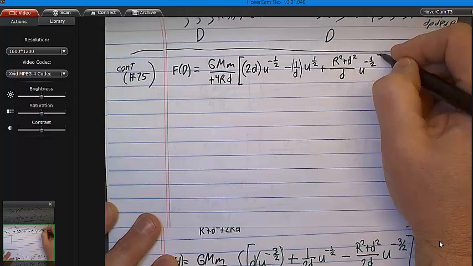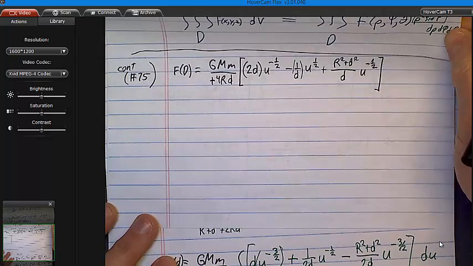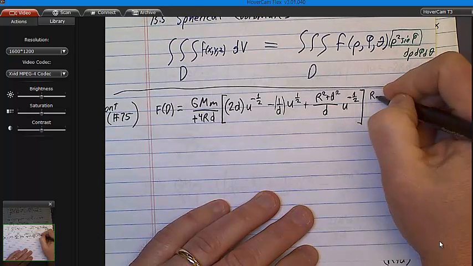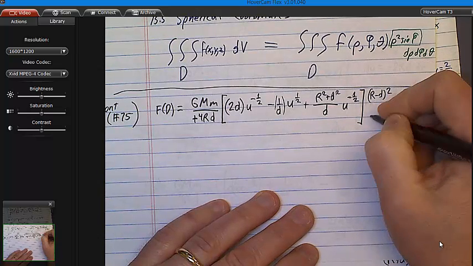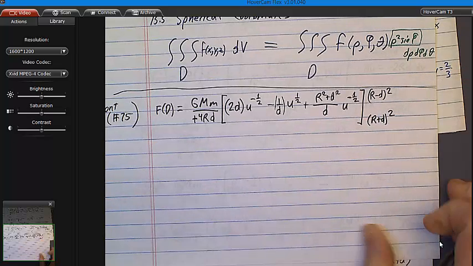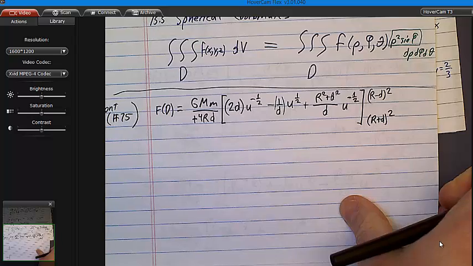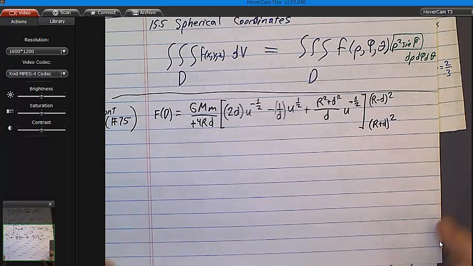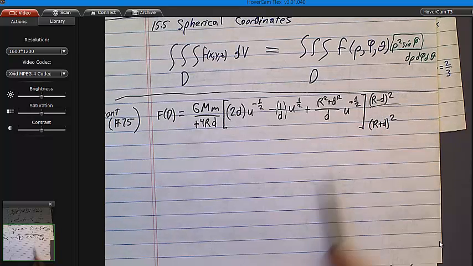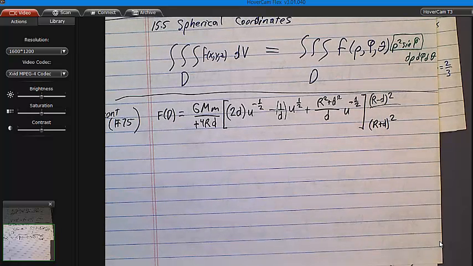And again, we're evaluating that stuff from R minus D squared up here, and R plus D squared down here. That's really beautiful. So let's see what happens when I plug in R minus D squared into this mess.